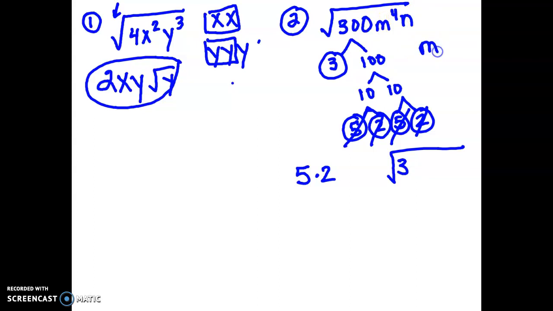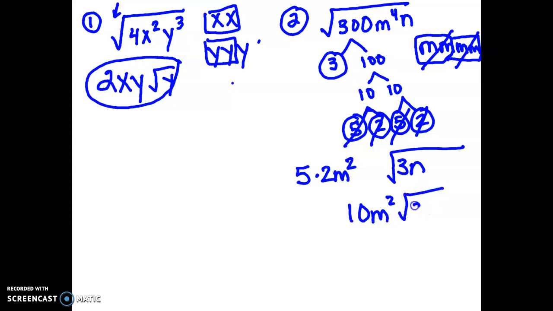Looking at our variables, if we have 4 m's, there's actually 2 pairs. So this would be m squared, because there's 2 of them, and then what's left over would just be the n. So now I'm going to put it close together: 5 times 2 is 10, m squared radical 3n. So we just put that in simplest radical form.